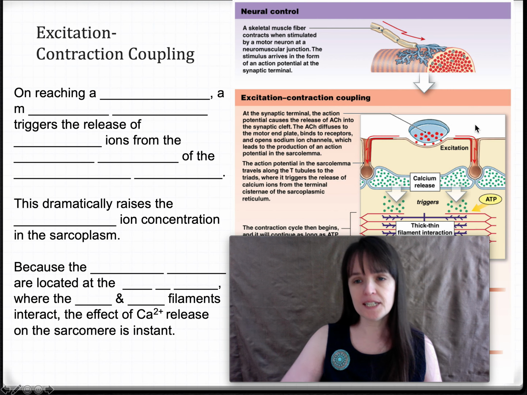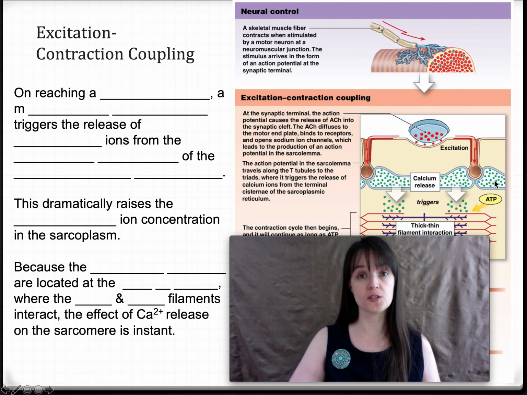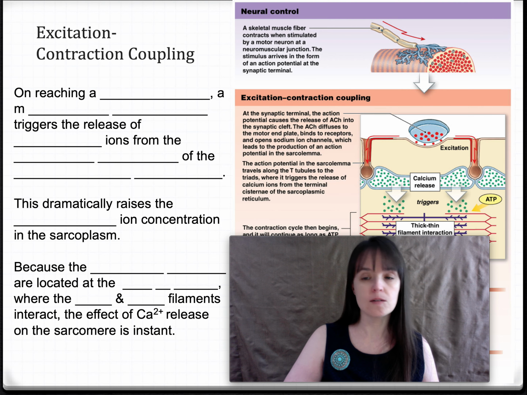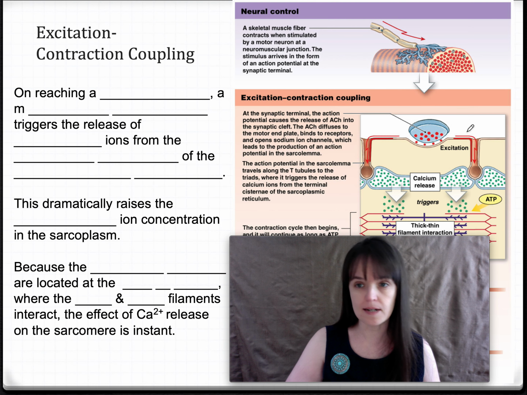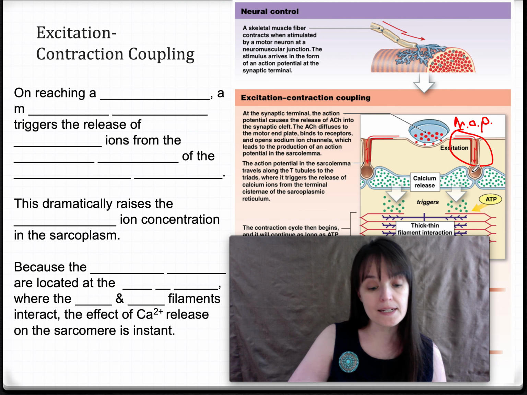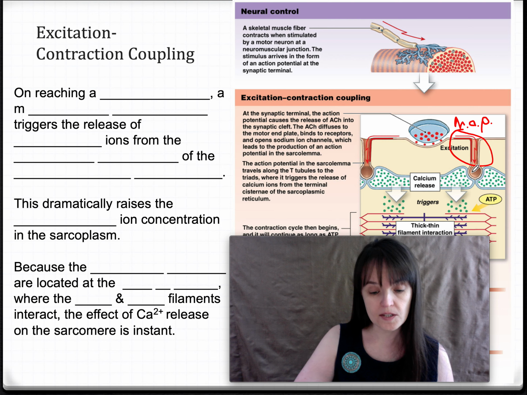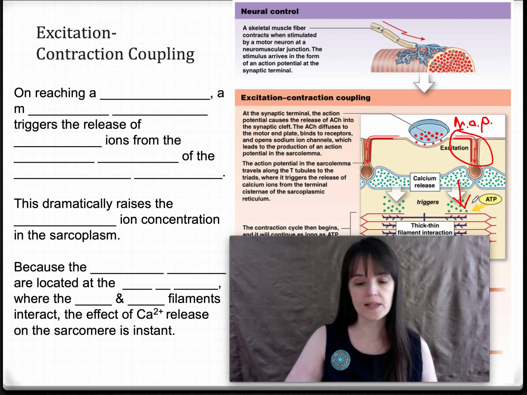So on reaching the triad, and as you recall, a triad is a T-tubule with two terminal cisternae, one on either side. On reaching the triad, the muscle action potential, which we see here as a red lightning bolt, triggers the release of calcium ions from the terminal cisternae of the sarcoplasmic reticulum.